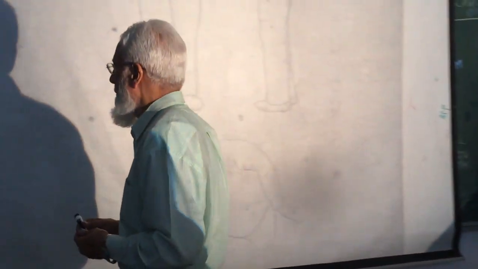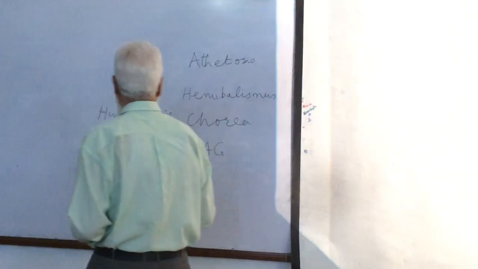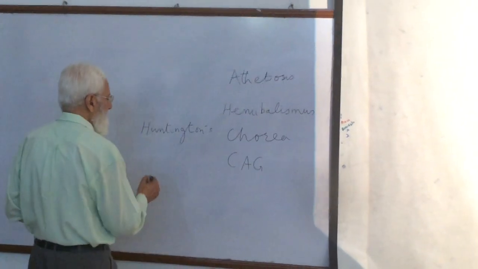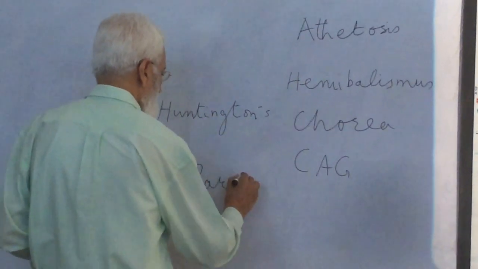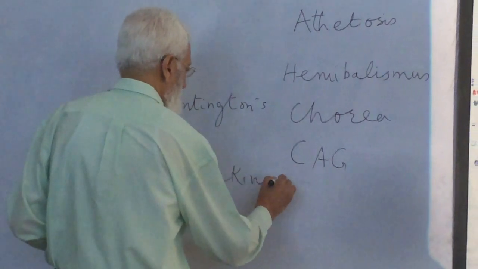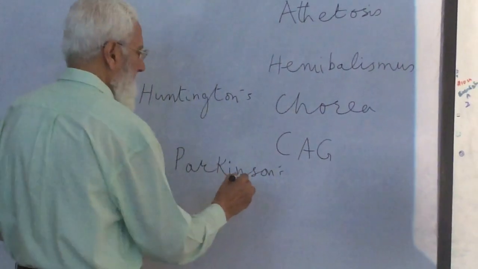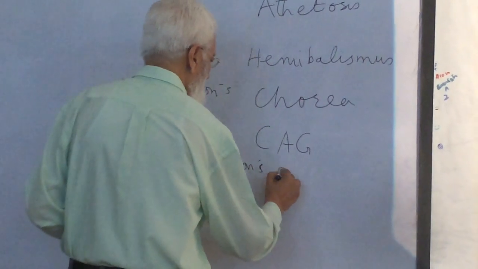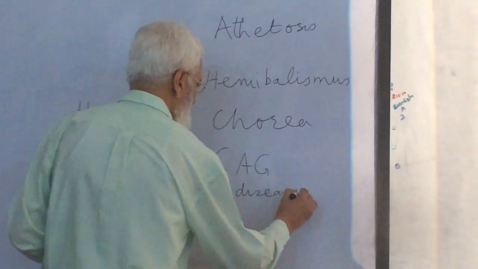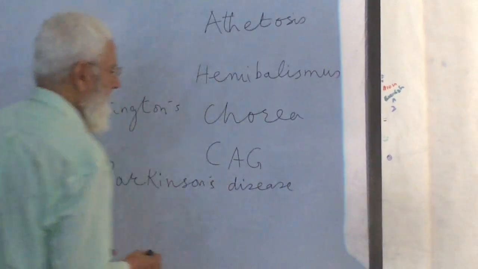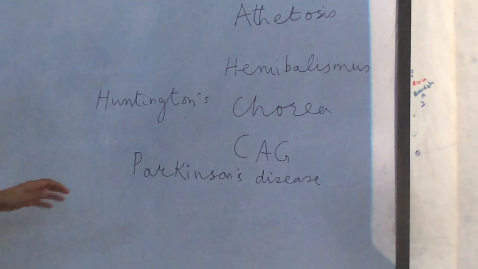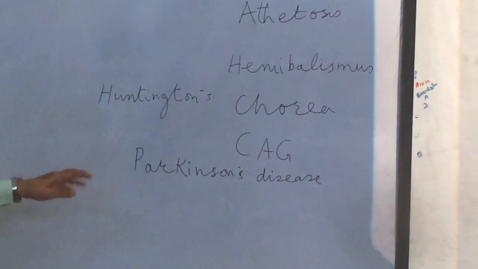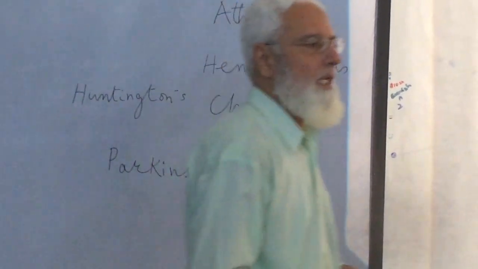Our next disease, which is common due to lesion in the basal ganglia, is Parkinson's disease, or Parkinsonism.